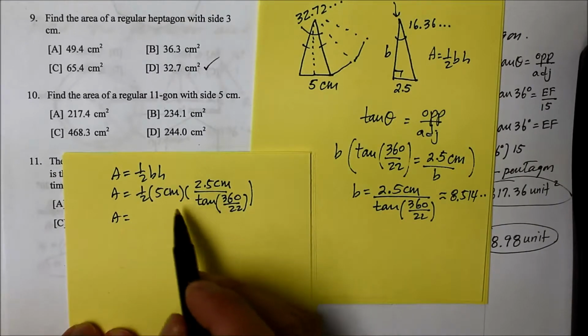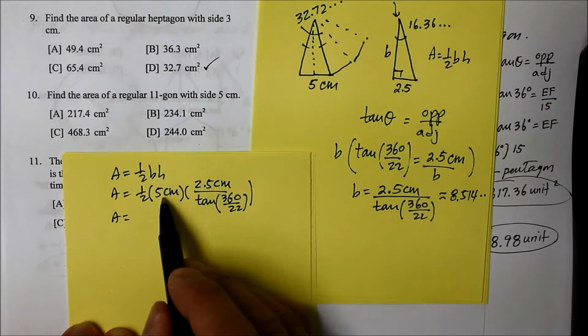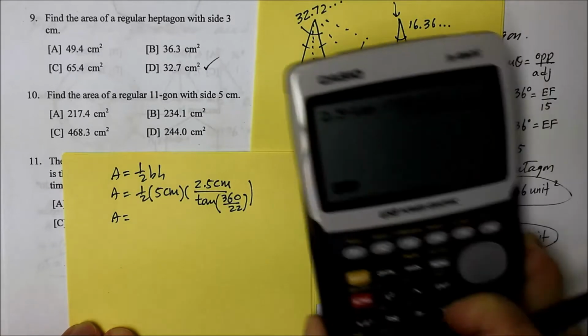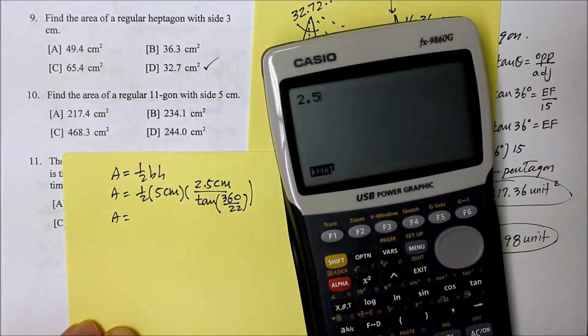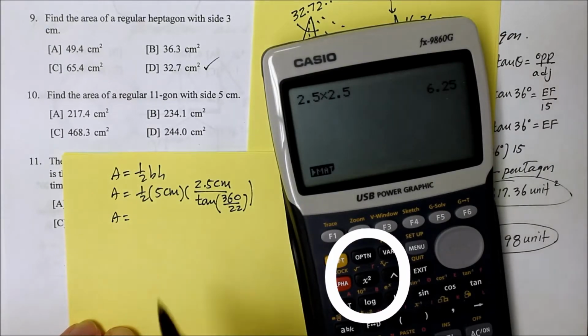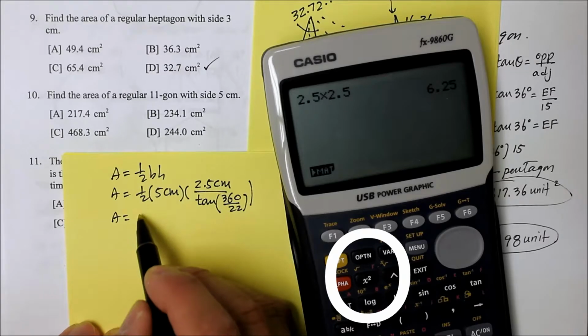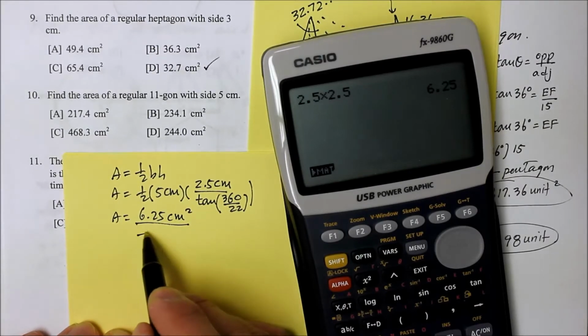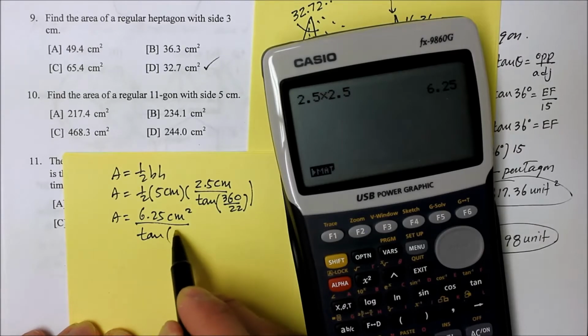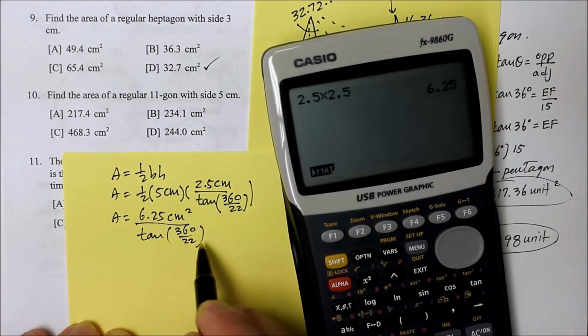So 1/2 of 5 is 2.5. So 2.5 times another 2.5. I can't find the square key, so I just go, that's 6.25. 6.25 centimeters squared over the tangent of 360 over 22.